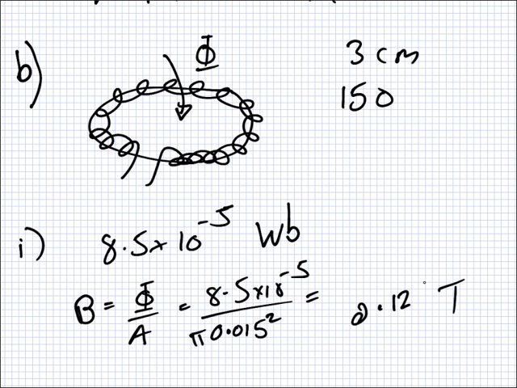I might be mishearing the question. Can you read the question again? In the constant magnetic field, the maximum flux linkage experienced by the coil is 8.5 times 10 to the minus 5 webers. There are 150 turns of wire.